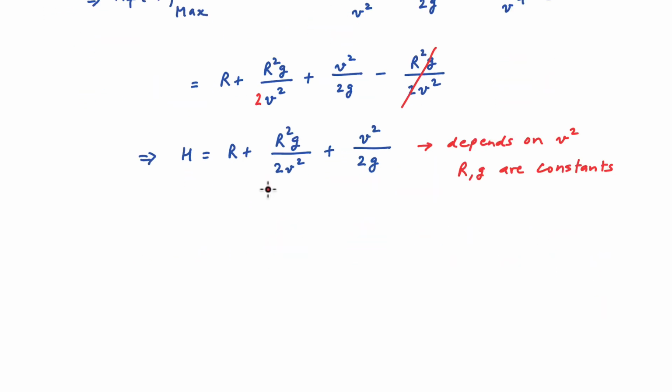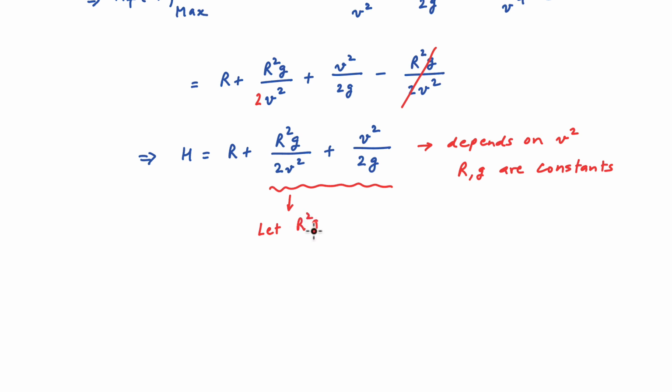In the second term, as v increases, the value of the second term decreases, and in the third term, as v increases, the value of that term increases. So at what value of v square does this expression become minimized? To figure that out, let's make some simplifications.